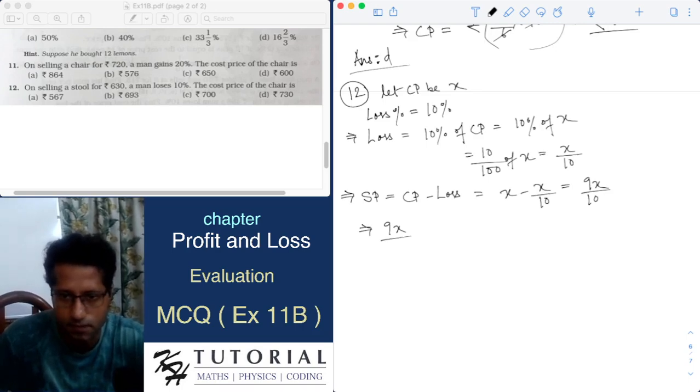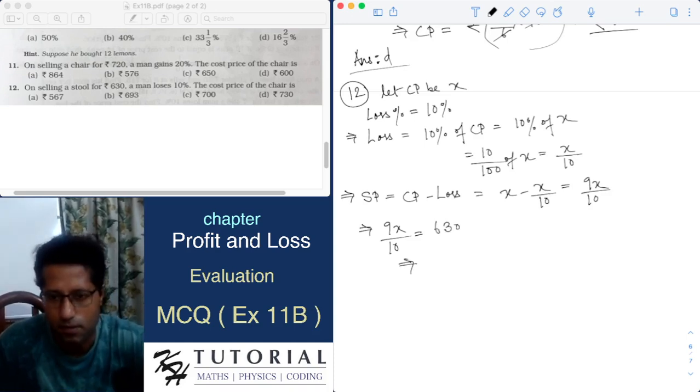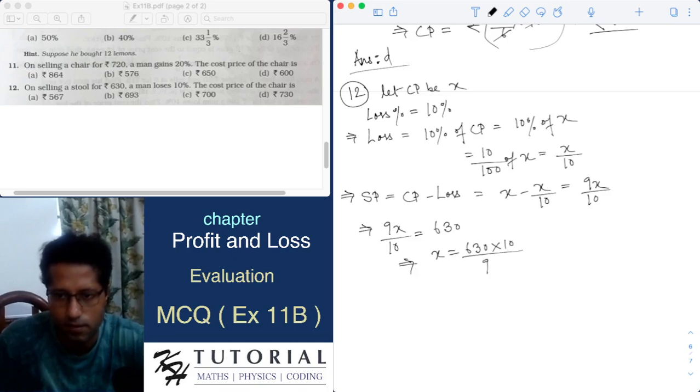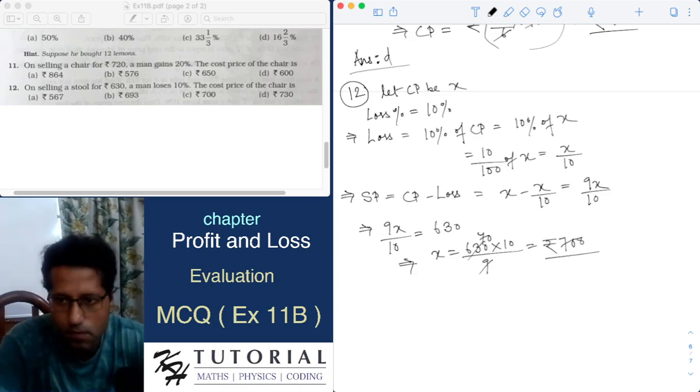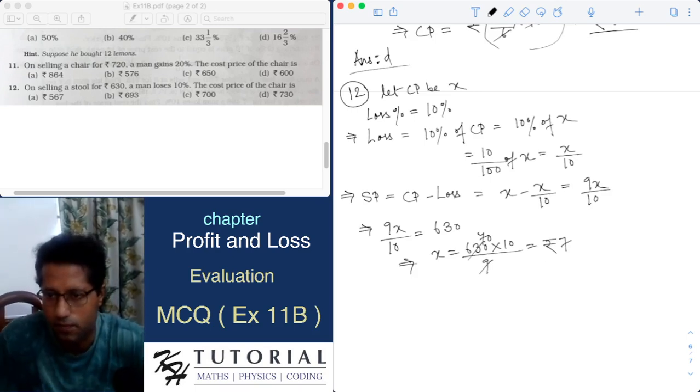So we can say 9X by 10 equals 630. This implies X equals 630 into 10 by 9. This is 70. So X is rupees 700.